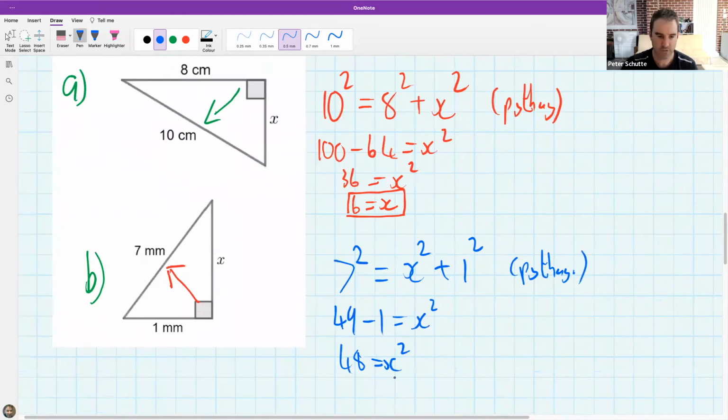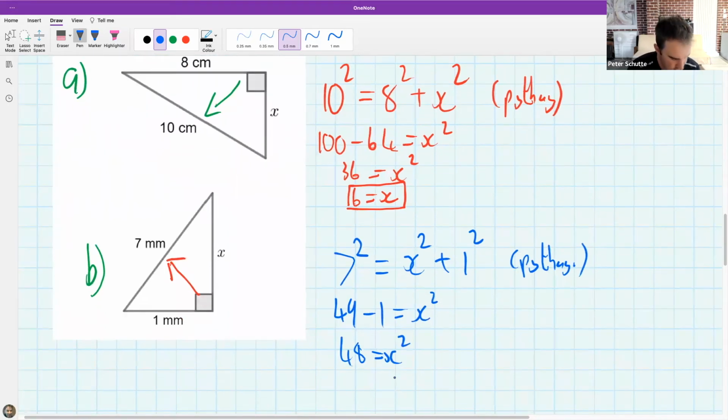And so I have to square root both sides, and the square root of 48 is 4 root 3, or it could also be 6.93 if I round off. Let me make sure I haven't made a silly mistake. I get 6.93, or you could write it as 4 root 3.